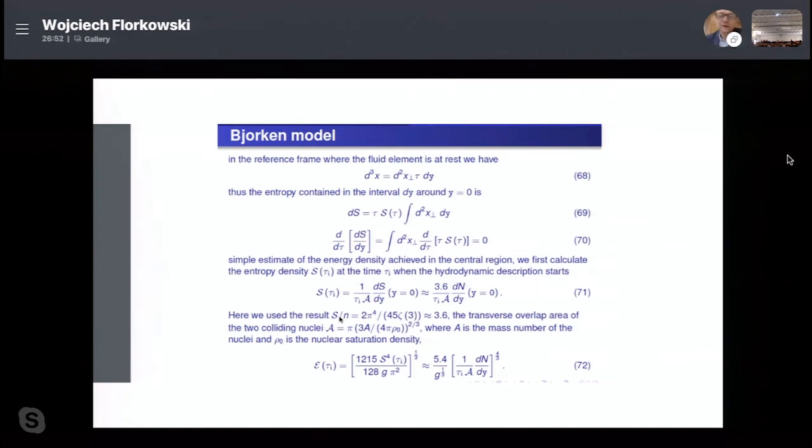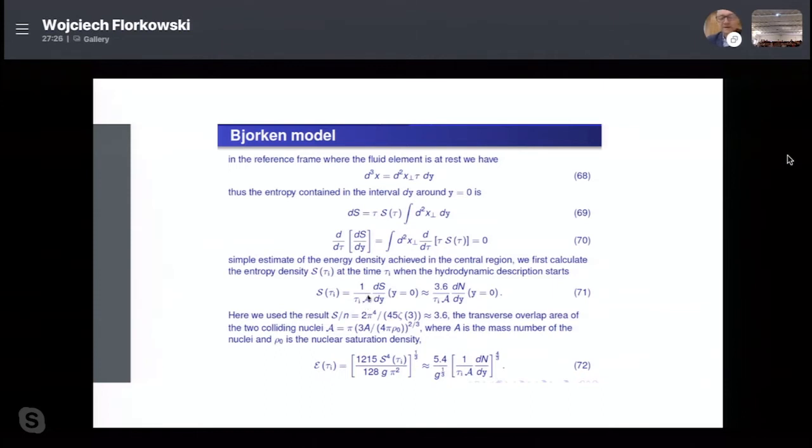So the idea is to measure the multiplicity of the particles which are produced and refer it to the initial entropy. So ds over dy is not changing in time. So we can calculate the initial entropy density by dividing the rapidity density of the entropy by the proper time and the transverse area of the system.